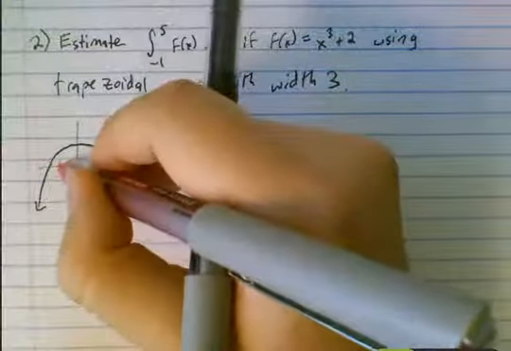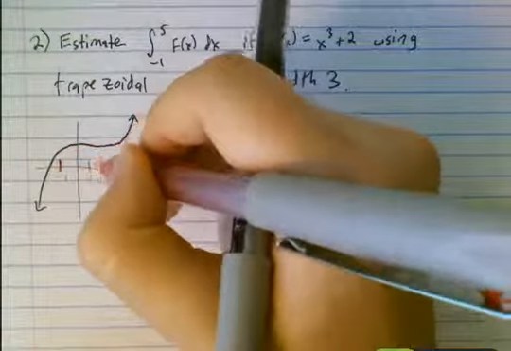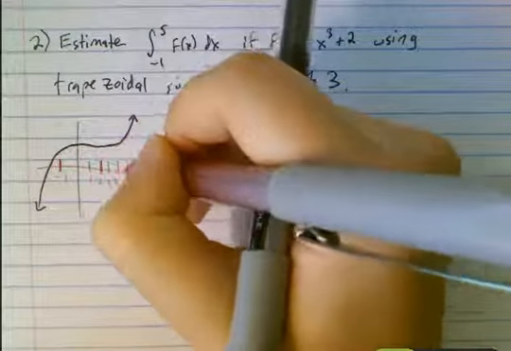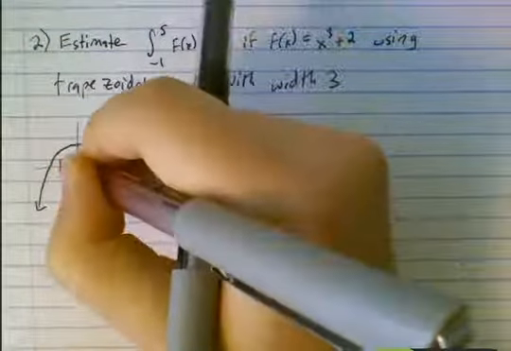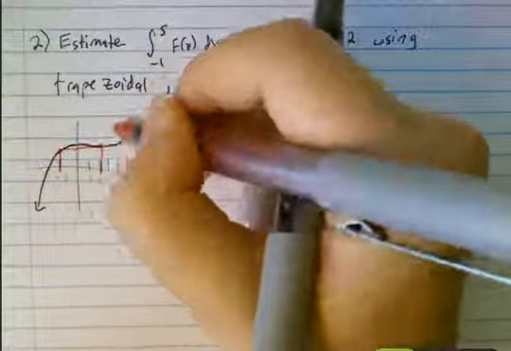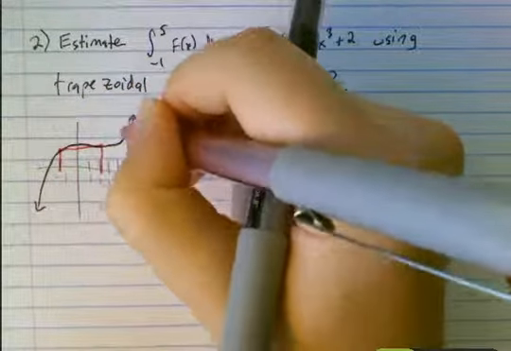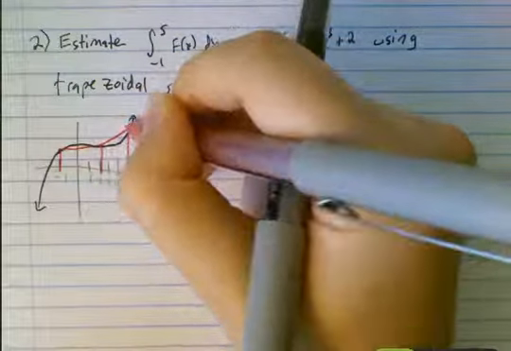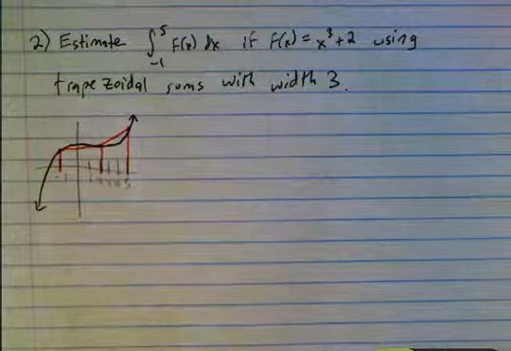Okay, so we're doing trapezoids of width 3. So we're starting there. 1, 2, 3 takes us there. 1, 2, 3 takes us there. So that means we're going up and then connecting.